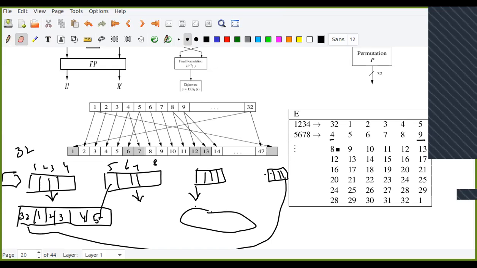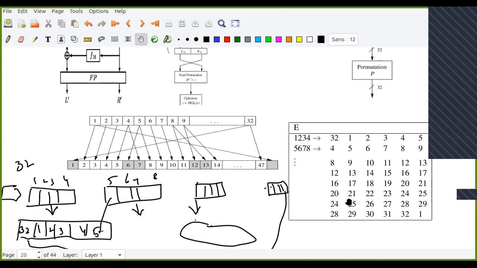What is this 8? 8 is the previous one, 13 is the next one. We'll append it, like that we will do. So is it all clear, Suresh? Yes, sir. So this is expansion.